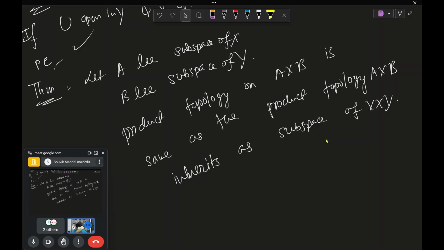Yeah, that's correct, of course. And what about the converse?